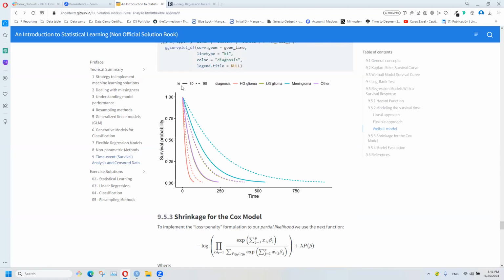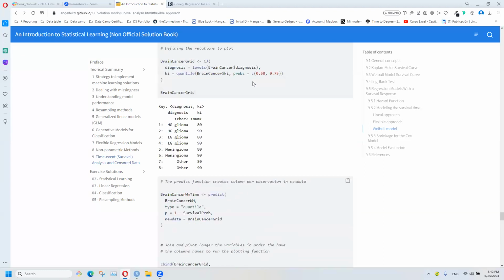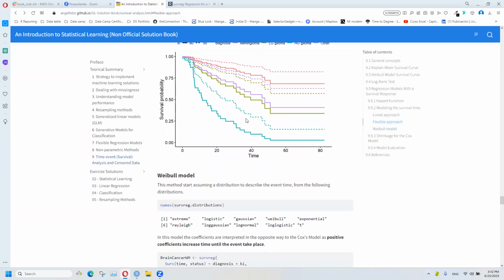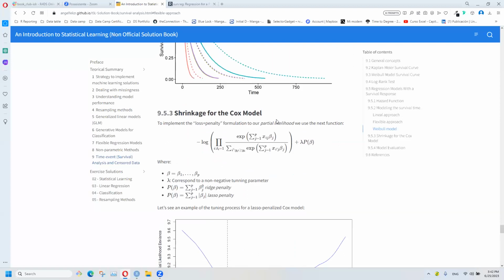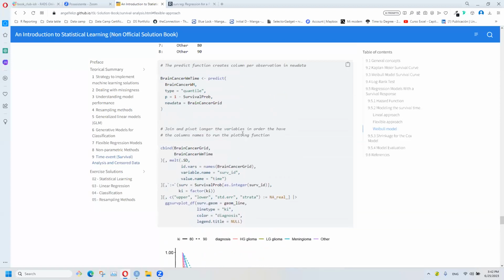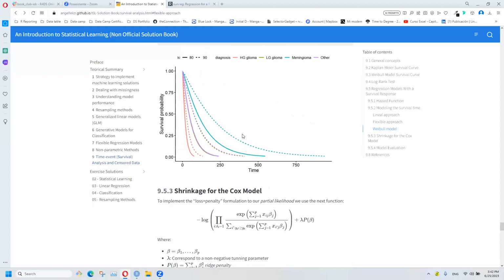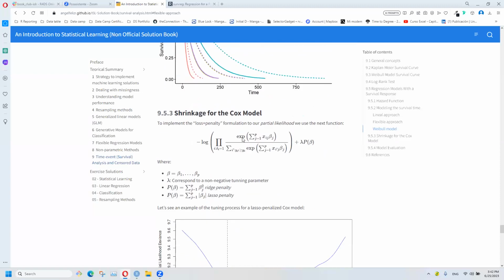Higher values of KPS have lower probability to die, and glioma has the higher probability to die. So basically, I see the results are really close to each other. There are two different ways to see the same reality.